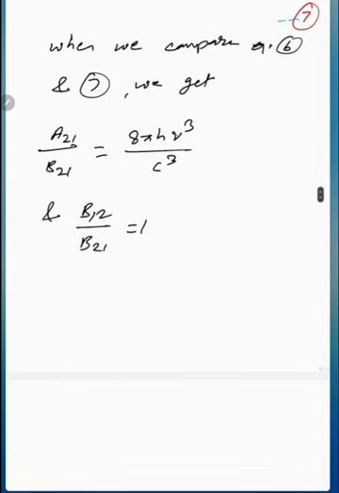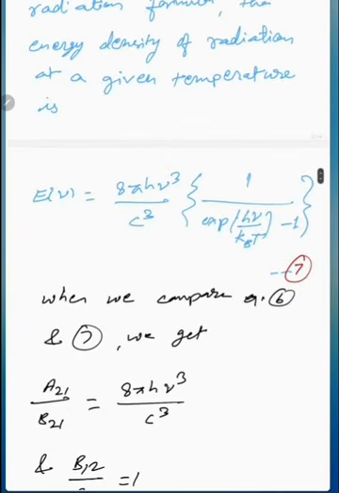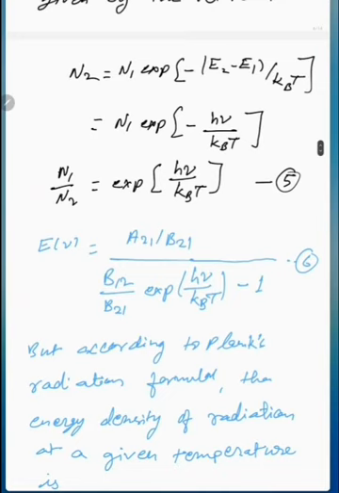That means B12 is equal to B21. That means the proportionality constant in spontaneous and stimulated transitions is equal. Since these relations were first obtained by Einstein, A21, B12 and B21 are called Einstein coefficients.